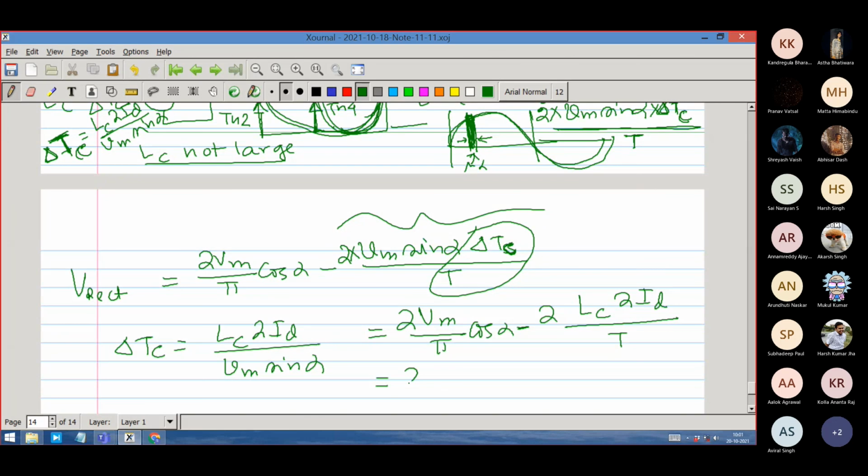So 2Vm by pi cos alpha, 2 by T, where omega T is equal to 2 pi, so T is 2 pi by omega. So 2 pi by 2 omega into LC into 2ID. So the 2s cancel.